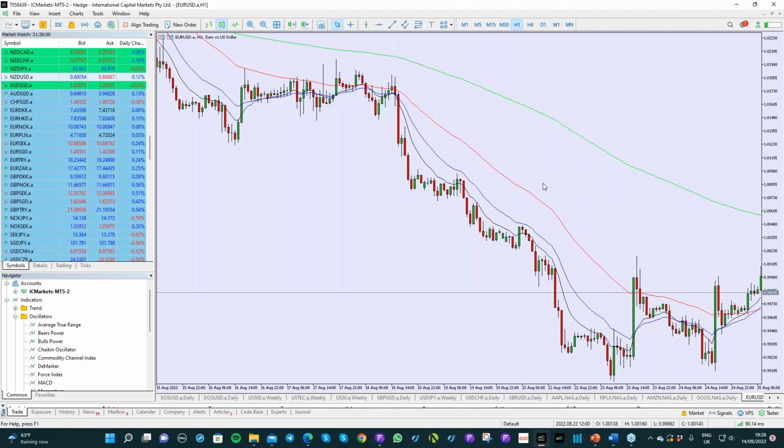So on my chart here, I have got several moving averages. The moving averages that I have are the 10 moving average, which is this one in black, the 20 moving average in blue, 50 moving average in red, and 200 moving average at the top there.